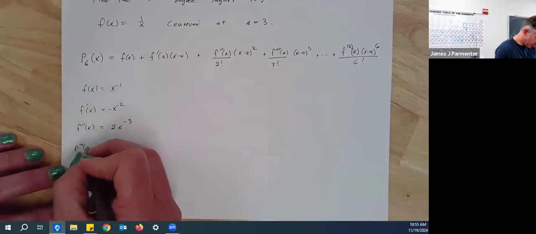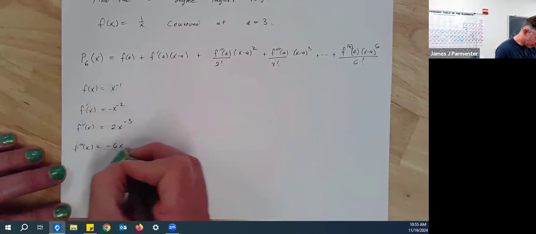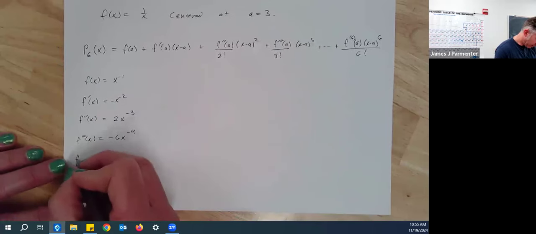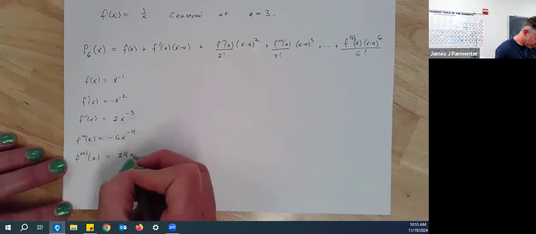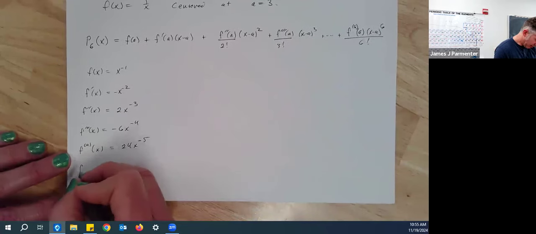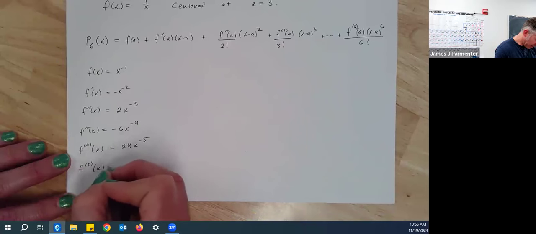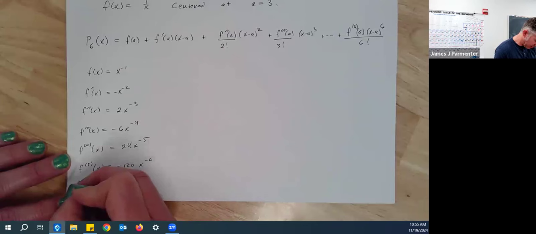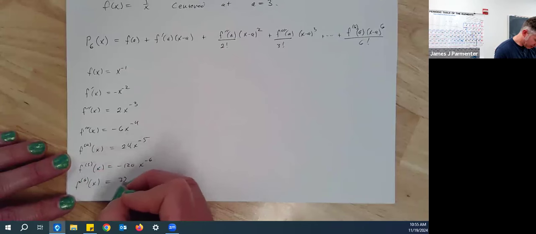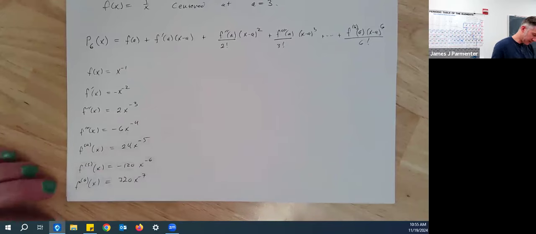My third derivative is going to be negative 6 times x to the negative fourth. My fourth derivative is going to be positive 24 times x to the negative fifth. My fifth derivative is going to be negative 120 times x to the negative sixth. And finally, my sixth derivative is going to be positive 720 times x to the negative seventh.